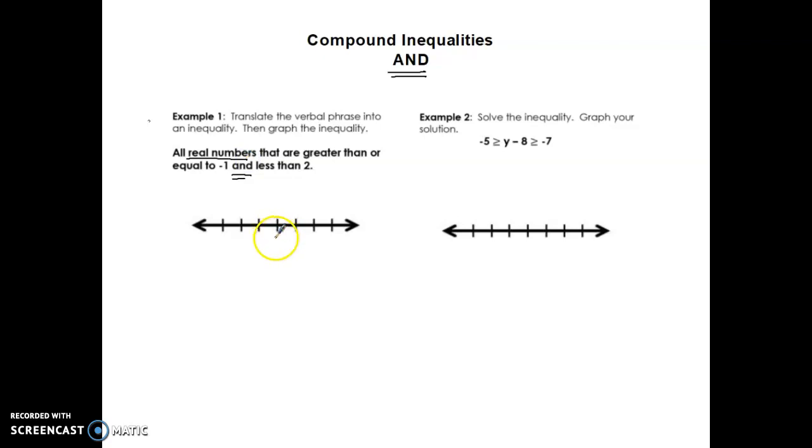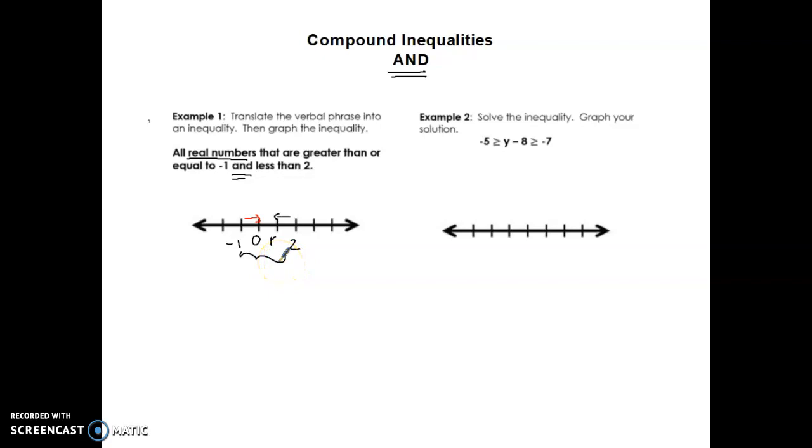They're any number I can find on the number line. So it says any real numbers that are greater than negative 1. So if I'm greater than negative 1, I must go in that direction. And less than 2. Well, if I'm less than 2, I must go in this direction. So the numbers that are true for this compound inequality are going to be between negative 1 and 2.